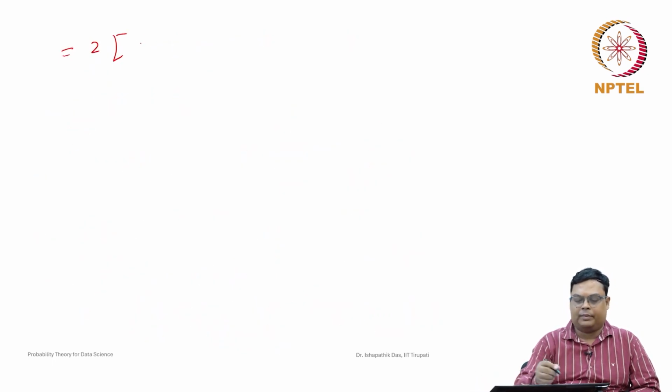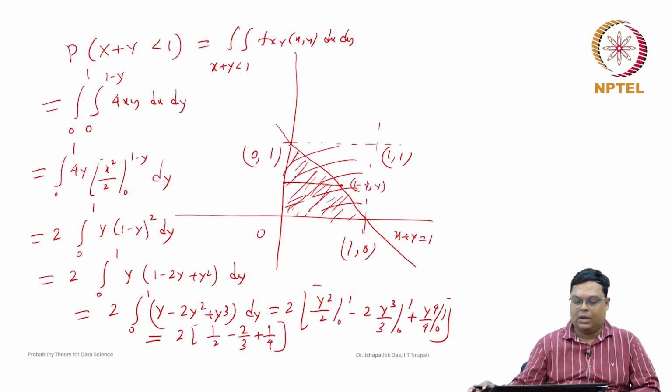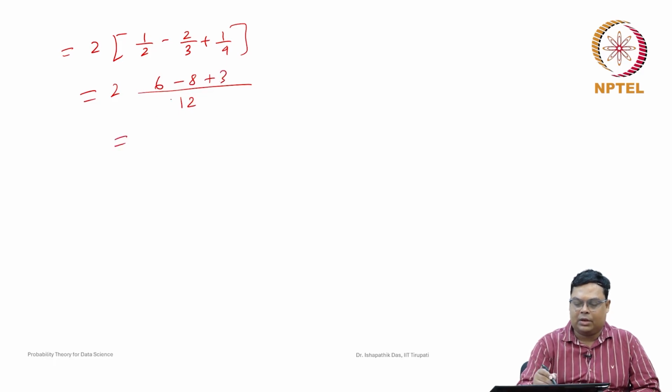So, this is equal to 2 into 1 by 2 minus 2 by 3 plus 1 by 4. With common denominator 12, this is 6 minus 8 plus 3, which is 1 by 12.